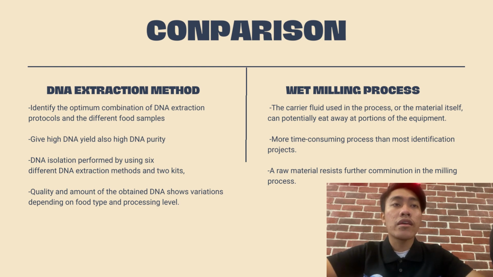So we can choose the best protocol, and for each protocol we use, find the best yield and purity. The DNA extraction and isolation was performed using 6 different DNA extraction methods and 2 kits. This shows that the amount of obtained DNA varies depending on the food type and the process level.